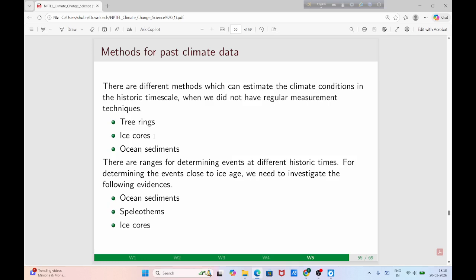Now, if somehow we can take the ice cores and get the protected composition of the ice cores, we can get information from the ice cores, whatever was trapped in the ice core, or maybe the composition of different elements in the ice cores.